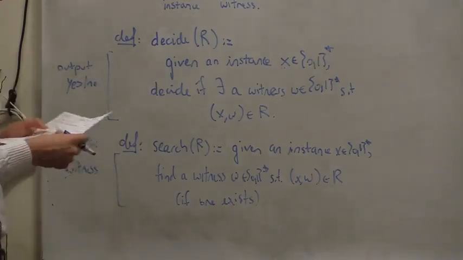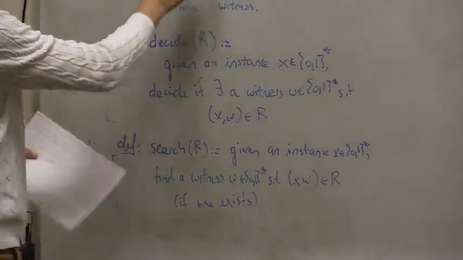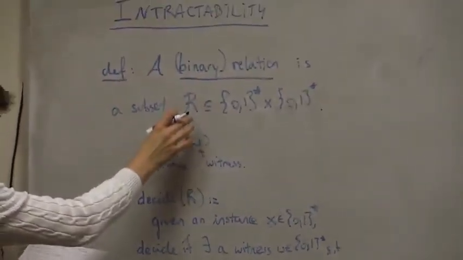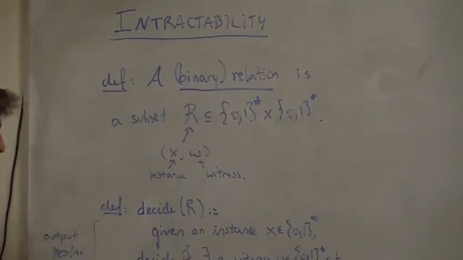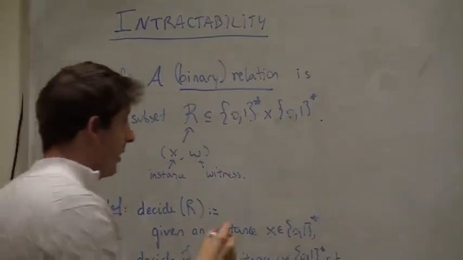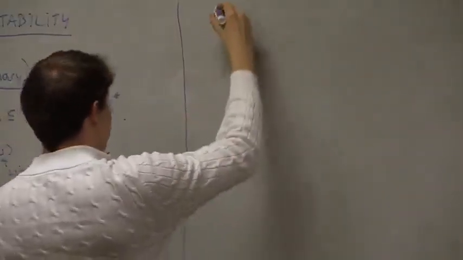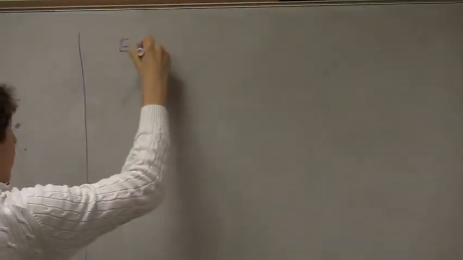So this is one way to express abstractly a computational problem, and I want to illustrate this with an example. We've been using the example of max flow.